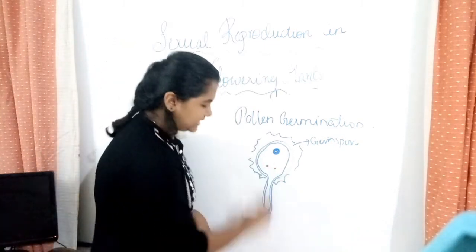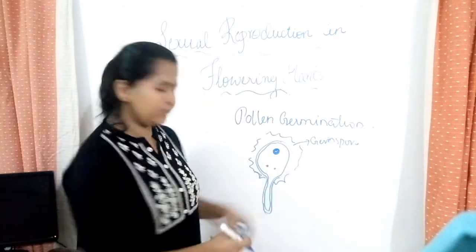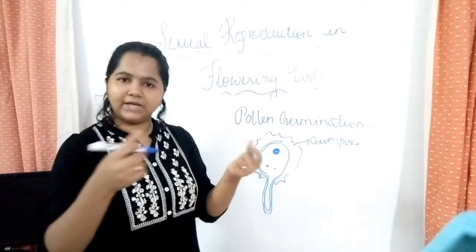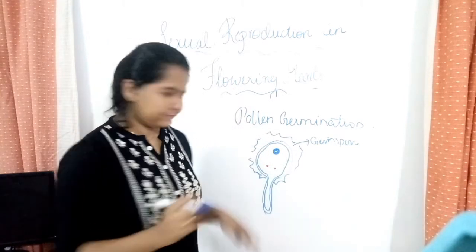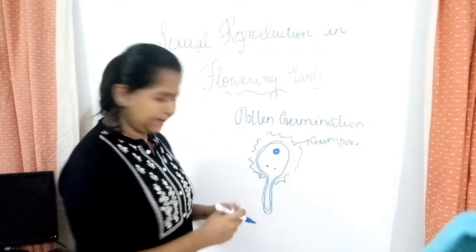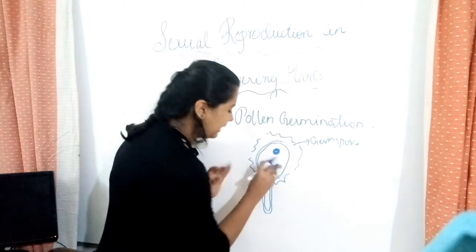And so it will extend, and what would happen? If you have a bottle and you keep it upside down, and if you open the bottle, what would happen? The contents will fall off. The same way, there's an opening. Before, it was closed, so it was tightly packed. So when it is open, what will happen?